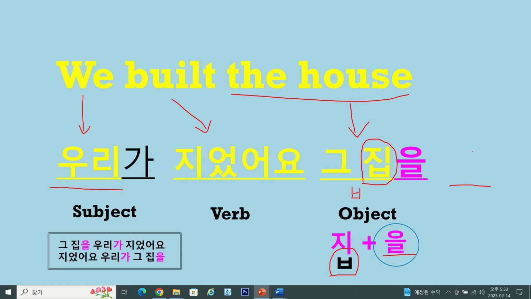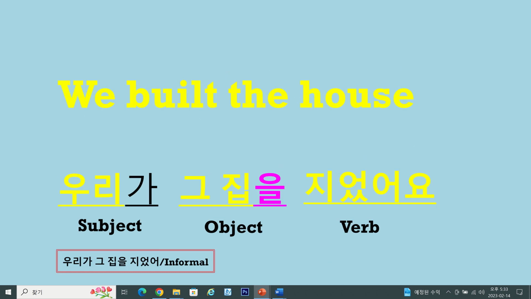And in general, Korean word order is subject, object, and verb. So, finally, we built the house: 우리가 그 집을 지었어요. Subject, object, and verb.